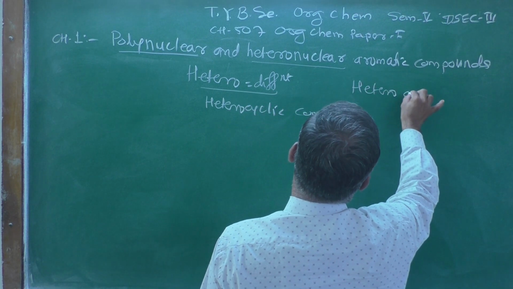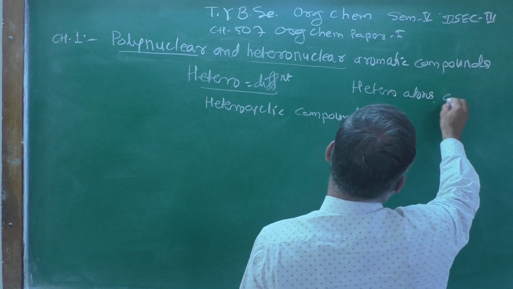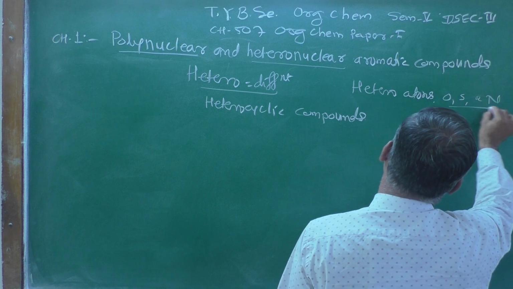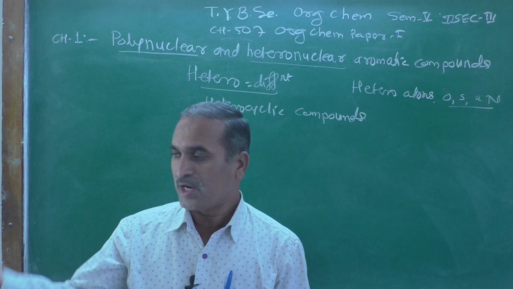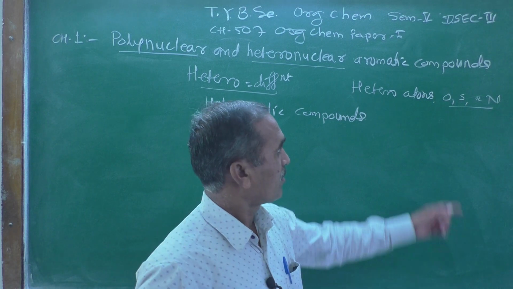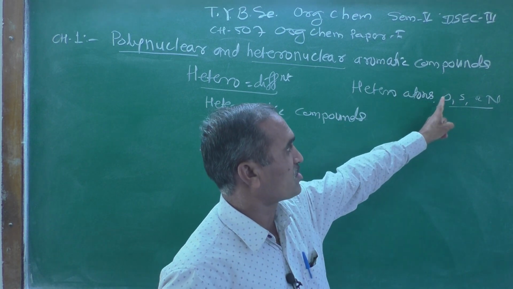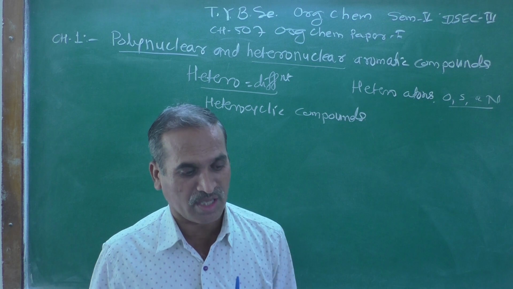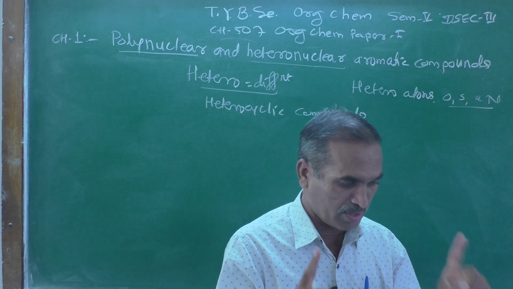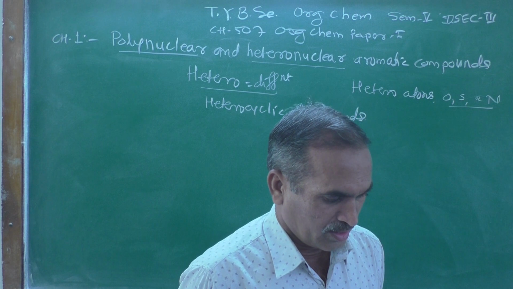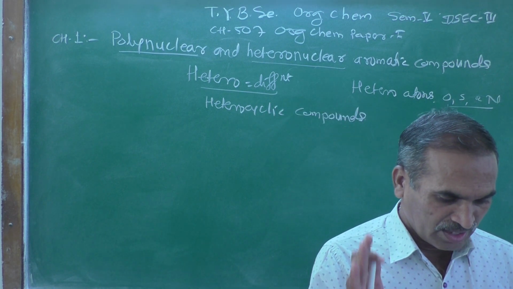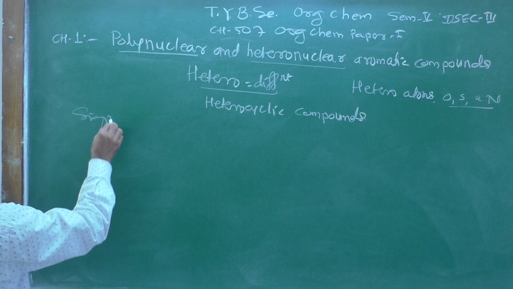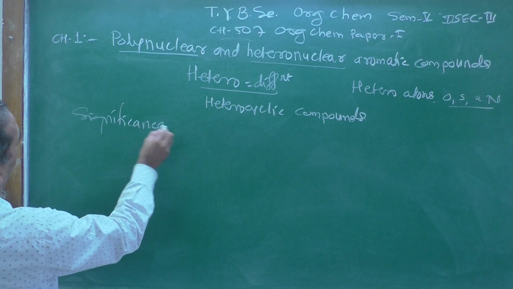Remember, heteroatoms such as oxygen, sulfur or nitrogen, in addition to carbon, are involved in the ring. That type of compound is known as a heterocyclic compound. Let us see the significance of the heterocyclic compounds.